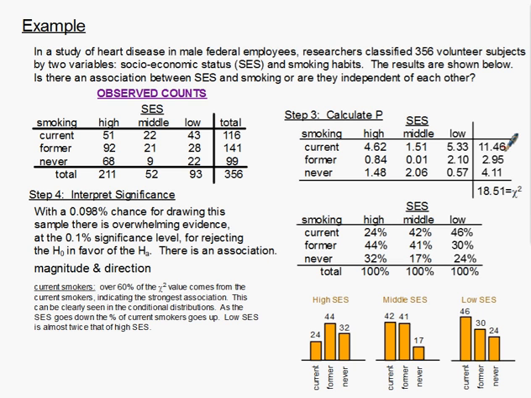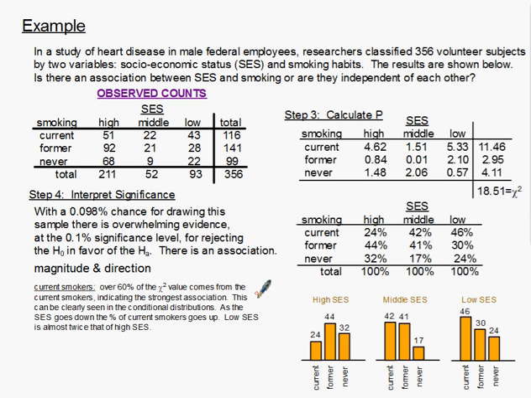This 11.46 is 60% of 18.51, indicating the strongest association is for current smoking and socioeconomic status. Which means if you know the socioeconomic status, you can predict, relatively speaking, whether they are a current smoker or not. This can be clearly seen in the conditional distributions.